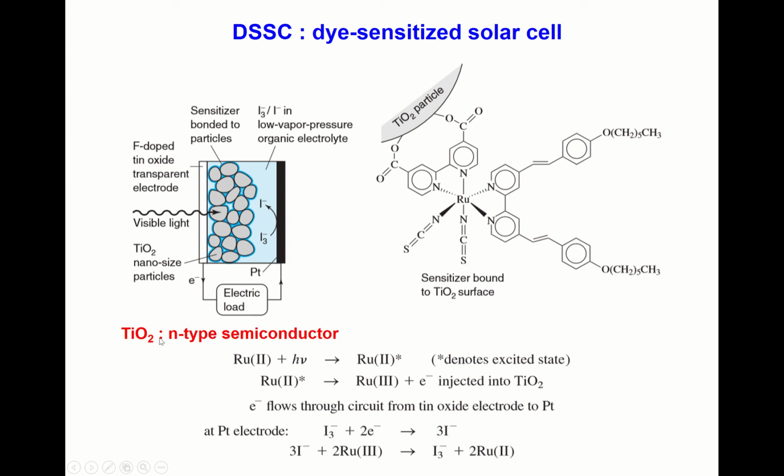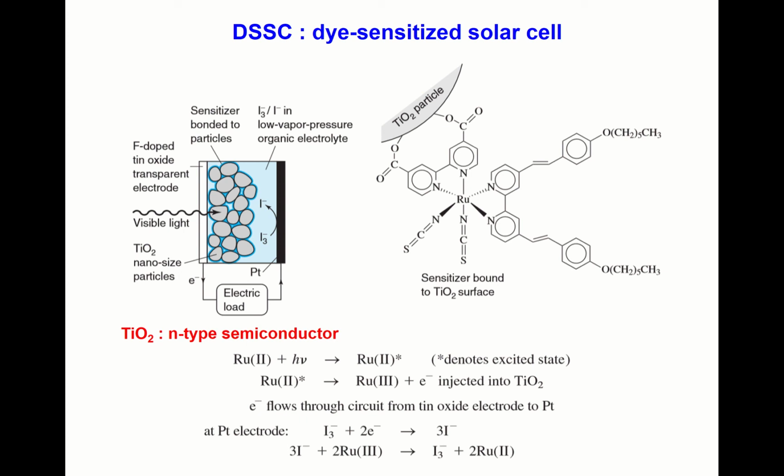Only a very small portion of near UV light is utilized. So if you use TiO2 nanoparticles, only 4% of solar light is utilized. The rest, 96% of solar light, is not utilized. So that's a lot of waste.